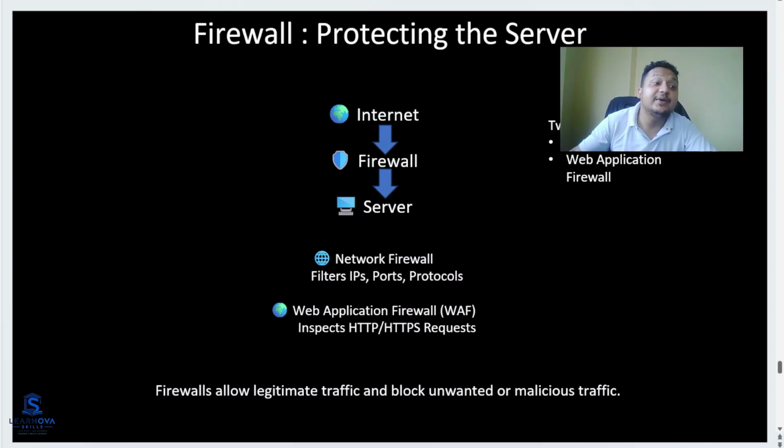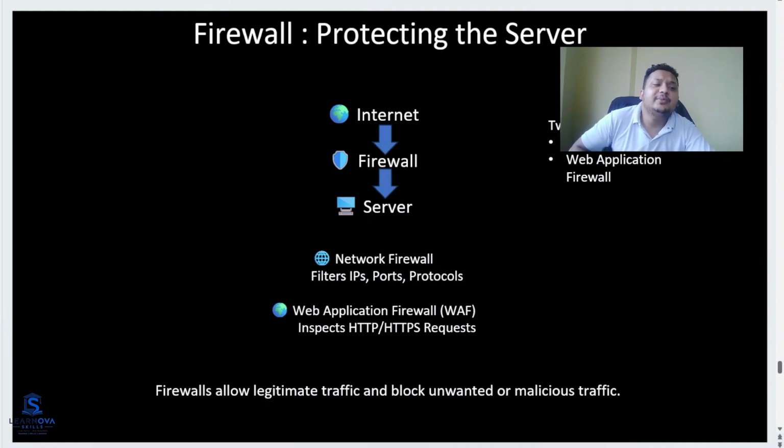WAF focuses on web traffic such as HTTP and HTTPS requests. It can inspect requests and apply security rules. So we can simplify this into two categories on these slides, known as network firewall and web application firewall. Both help control unwanted traffic, but they operate with different types of visibility and rules.